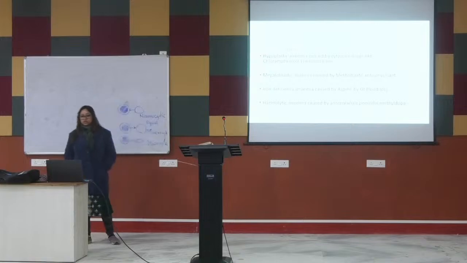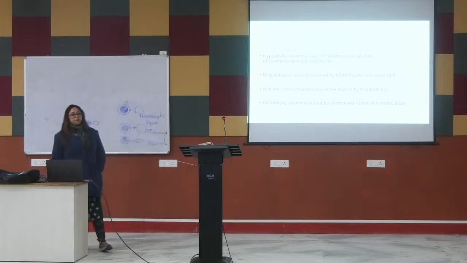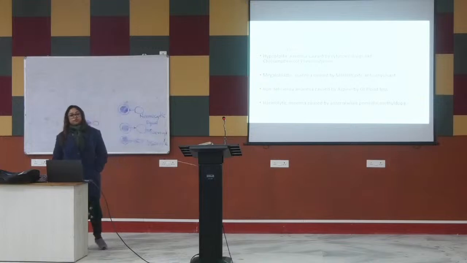Moving to the next part, that is drug history. We need to take the patient's drug history, because there are so many drugs causing different types of anemias. So drug history taking is a very important part. Hypoplastic anemia caused by cytotoxic drugs like chloramphenicol and phenylbutazone.